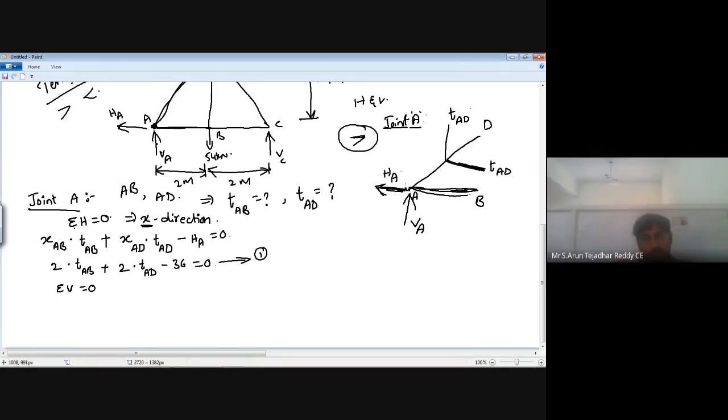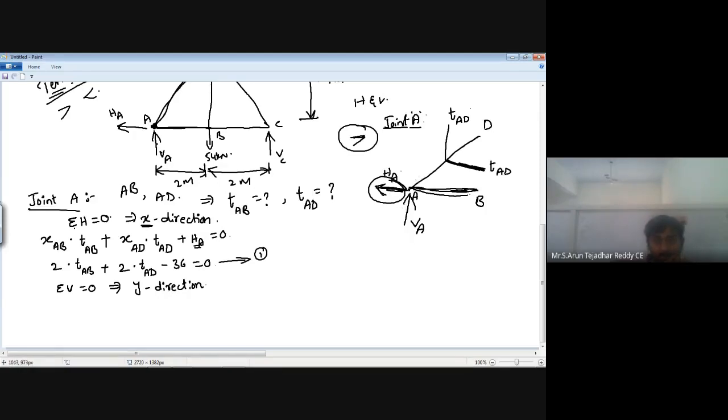Actually this is showing only direction in this problem especially. See here the method is tension coefficient. Always consider positive. Suppose here take positive. HA means minus 36 only. Next, summation of vertical force is equal to 0, that is in the y direction.